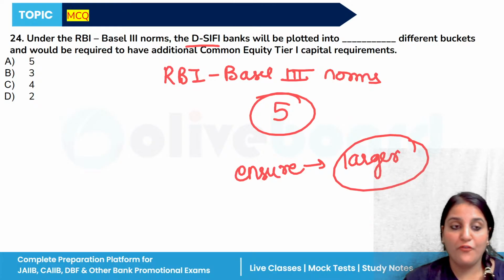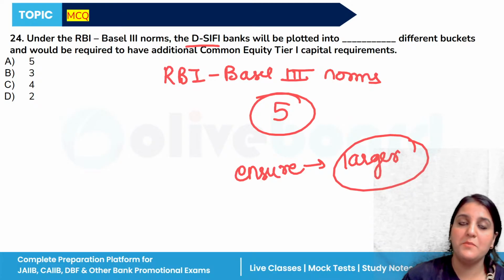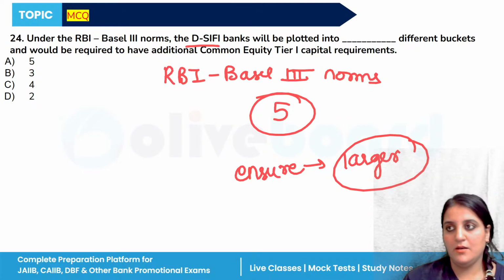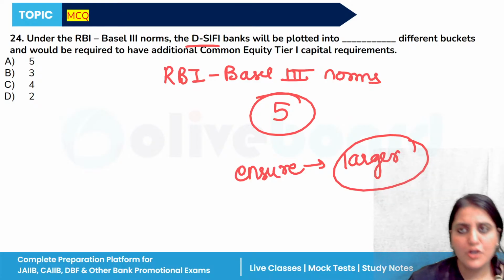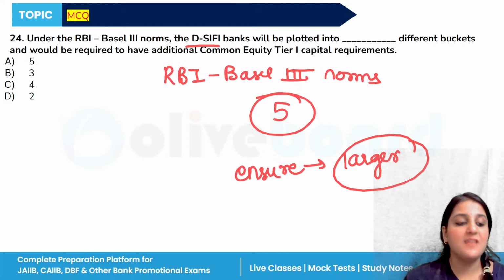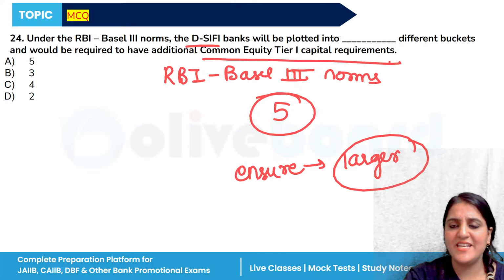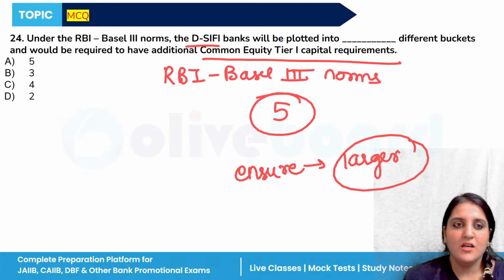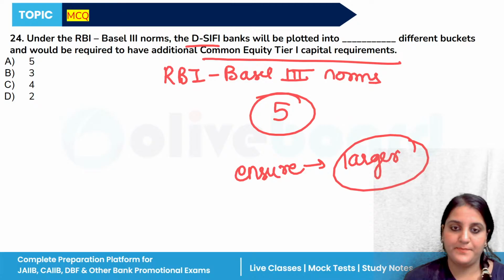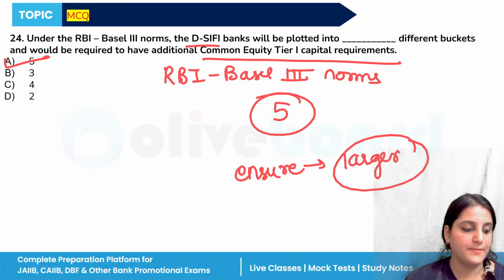These banks also play an important role in providing different types of financial services to individuals and other financial institutions. And the CET1 requirement is considered the highest quality of capital for a bank. So here 5 buckets, that means option 5 is correct here.